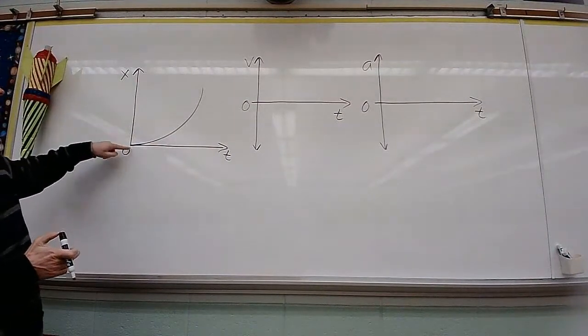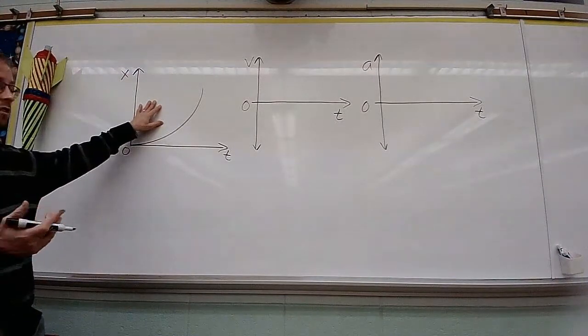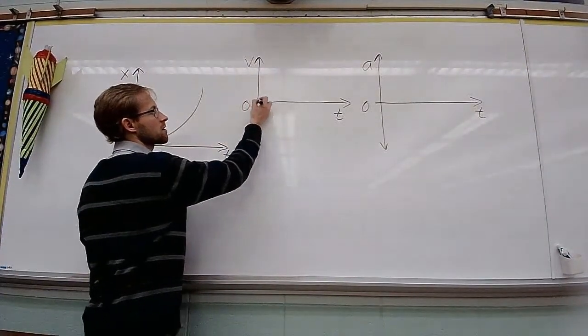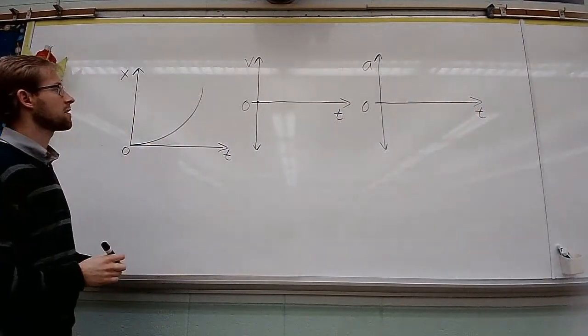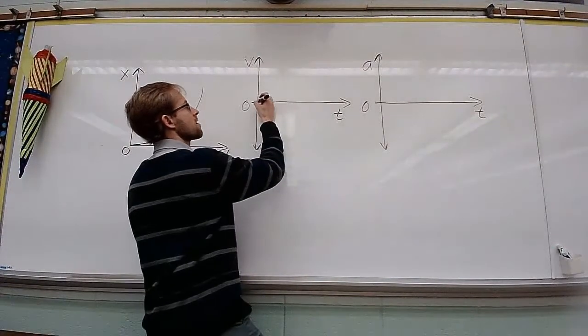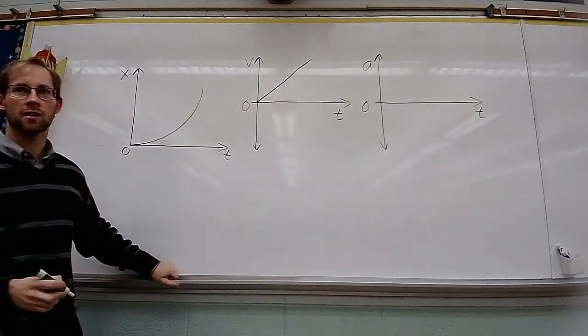So we've got a slope that begins with 0, and on a position time graph, the slope represents velocity. Because we start with a slope of 0, that means we'll begin with a velocity of 0 on this graph. As time goes on, our slope grows in the positive direction. Therefore, our velocity will grow in the positive direction.